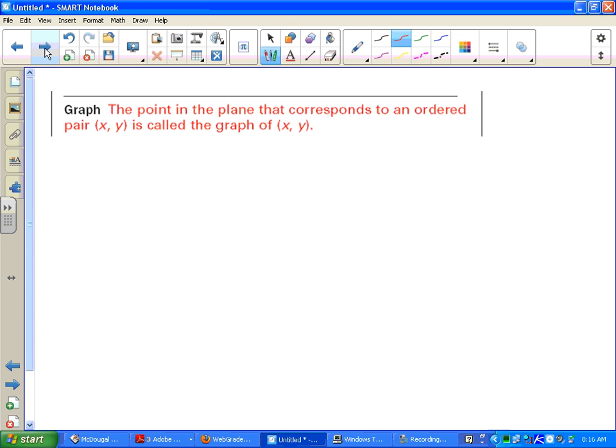The graph is the point in the plane that corresponds to an ordered pair. So if you're looking at the same one that we just said a second ago, 2, 3, that is your x value, then your y value. 2 tells you to go to the right 2 times, and it tells you to go up 3 times.